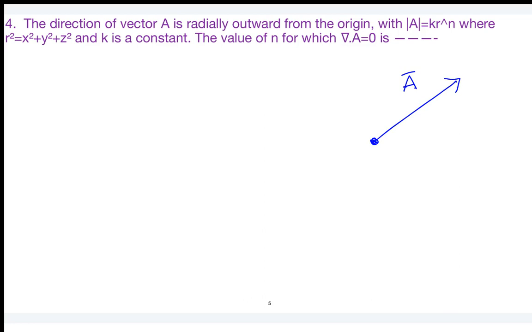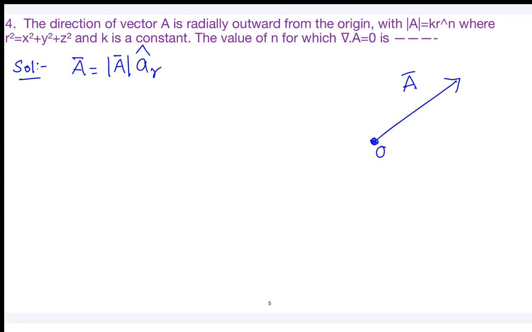So the vector A lies in the direction of R, correct? Any vector can be represented with a magnitude as well as a direction. Since the direction of A is radially away from the origin, the direction of A is simply a R cap.